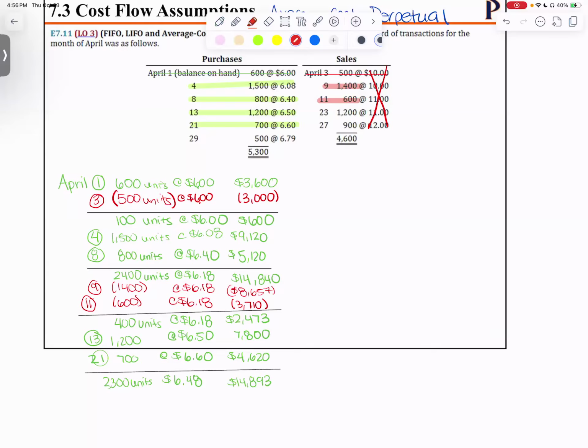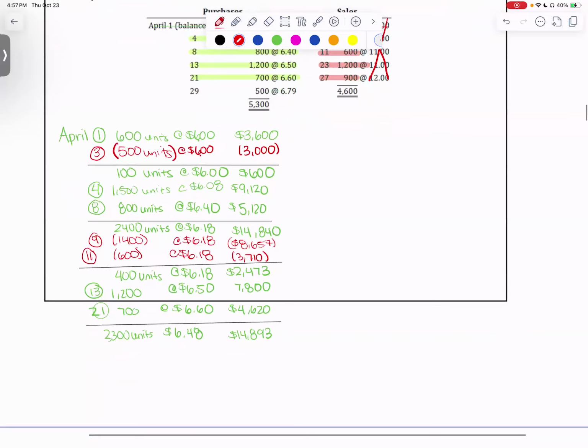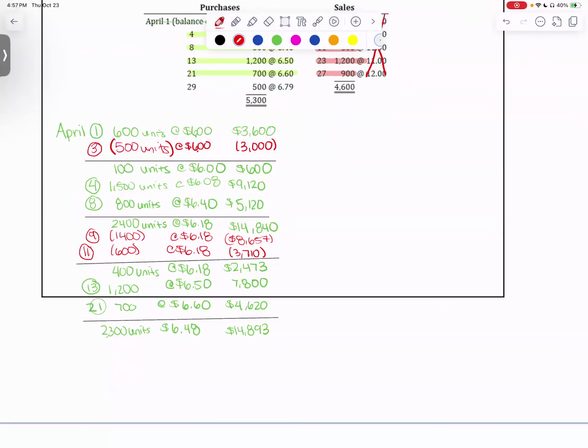Then our next sale is 1,200 units on the 23rd. And we also have another sale of 900 units on the 27th before we make another purchase. Both of these sales will have a weighted average cost at the same price, so we don't need to recalculate anything in between.